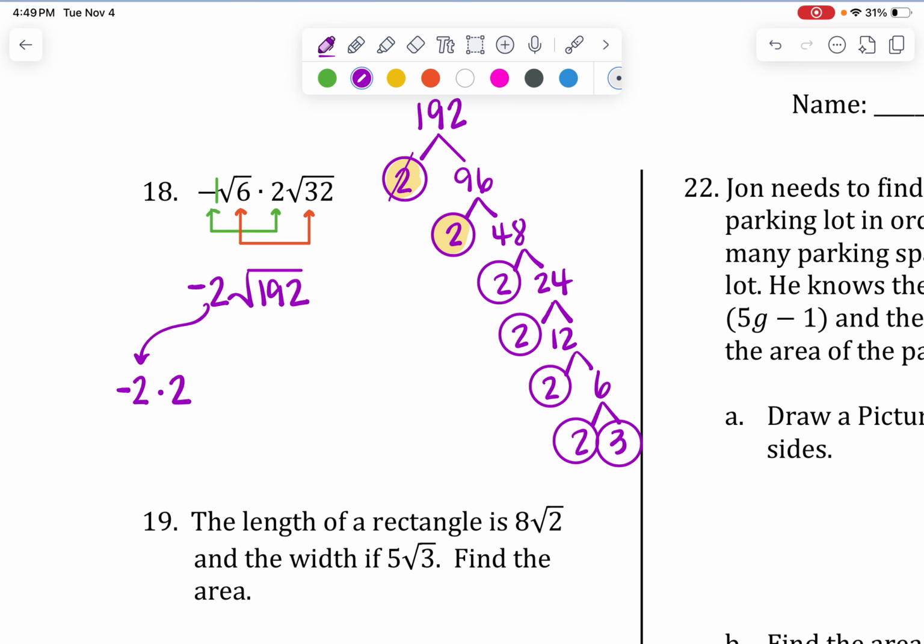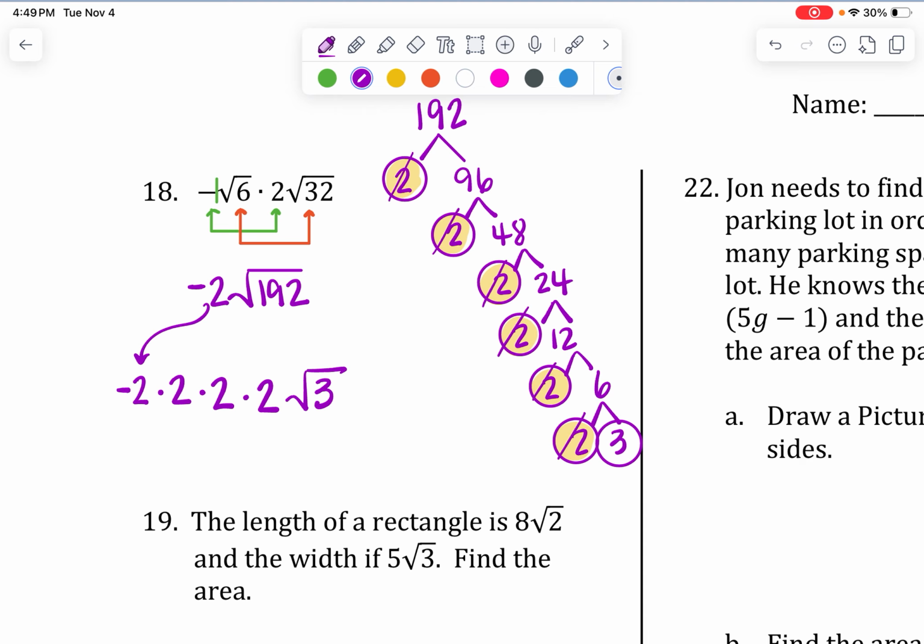Feel free to cross it off once you've pulled it out. I have another pair of 2s, so I'm going to take out another 2 to represent that pair. Then I have another pair of 2s, so I'm going to take out another 2 to represent that pair. And then, of course, my lonely little 3. He doesn't have a buddy, which means he has to stay inside the square root.